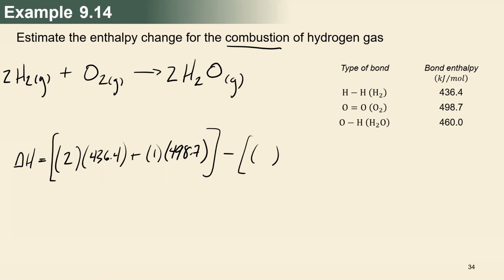Two. So there's 2 moles of water. How many OH bonds are in each water molecule? 2. So how many moles of OH bonds do we have? 4. Yeah. So this is one of those times when we have to think about counting individual bonds rather than counting our molecules, right? And each of those is 460 kilojoules per mole.